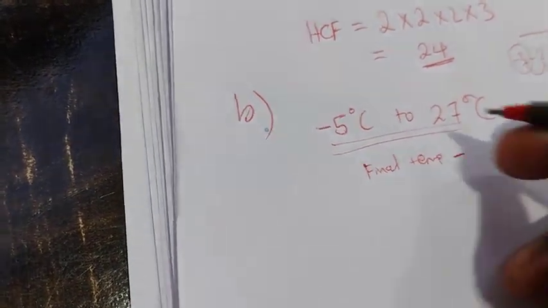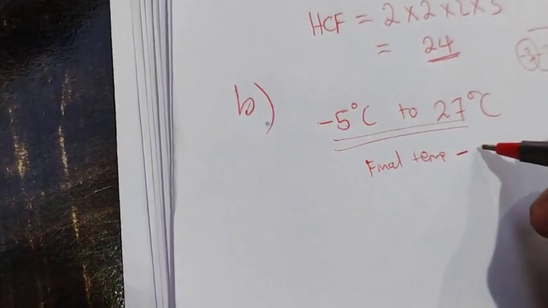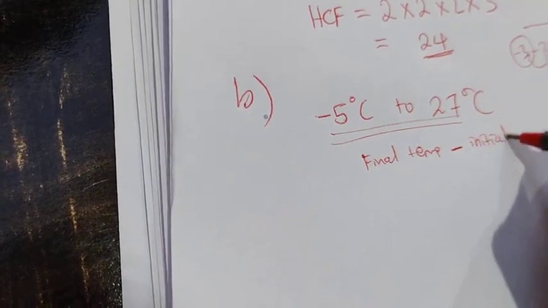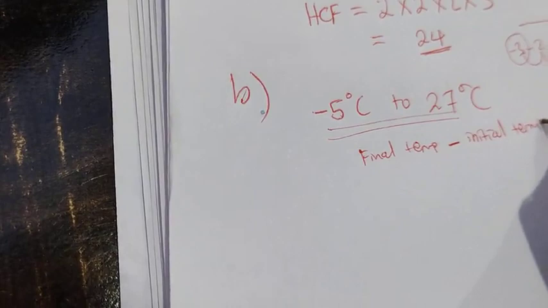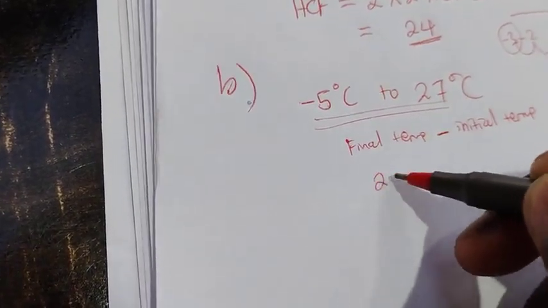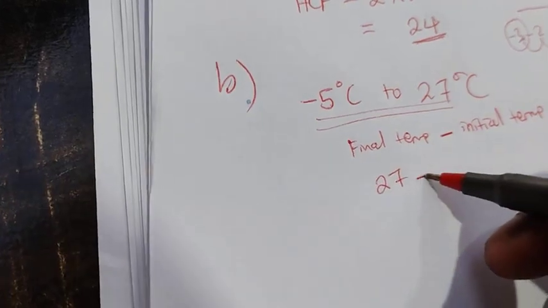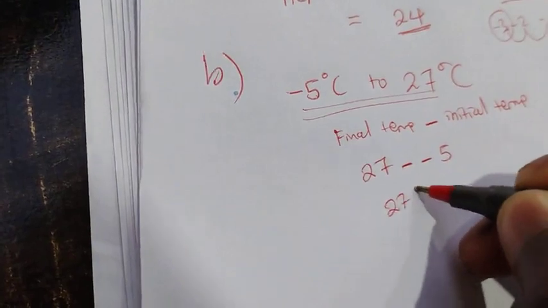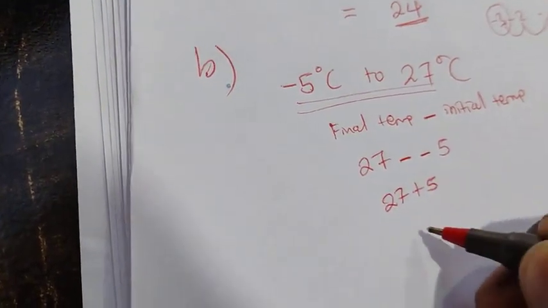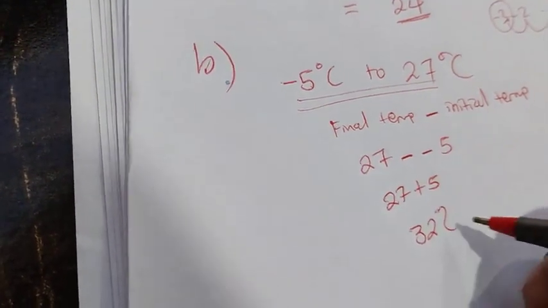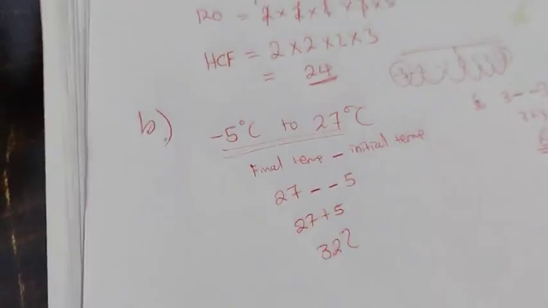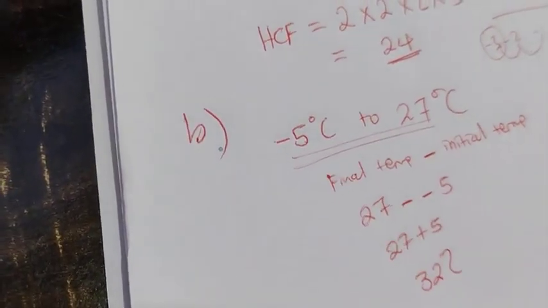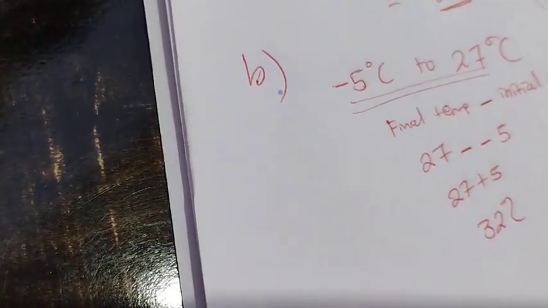The starting temperature was minus 5, so minus initial temperature. So it's 27 minus minus 5, which is 27 plus 5, to give us 32 degrees Celsius. The rest of you did not get it correct. I think only 1 or 2 people got it right.